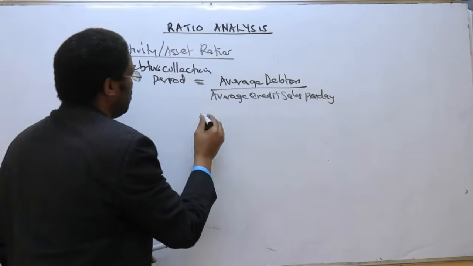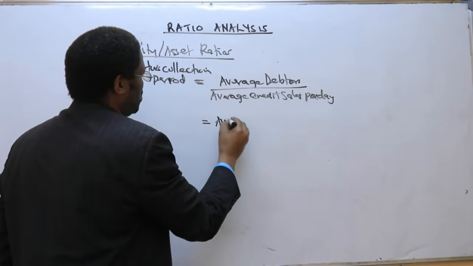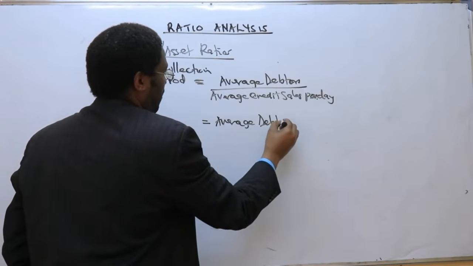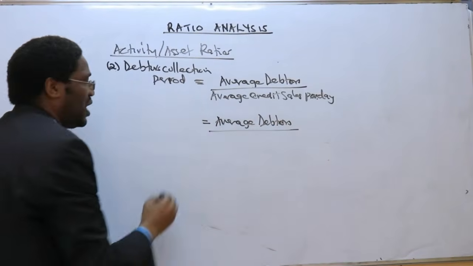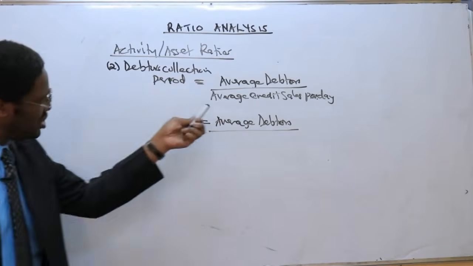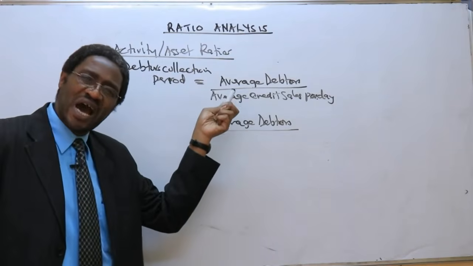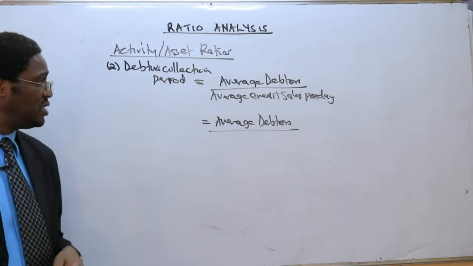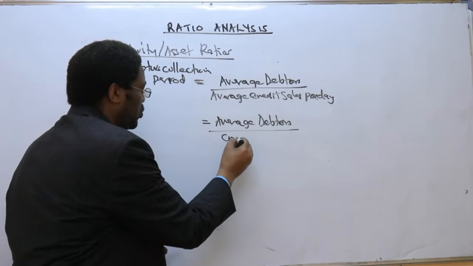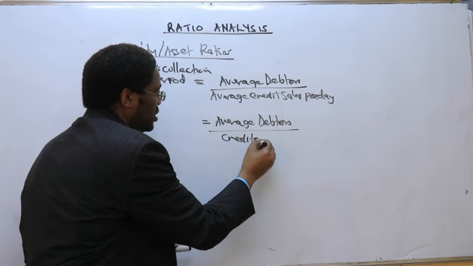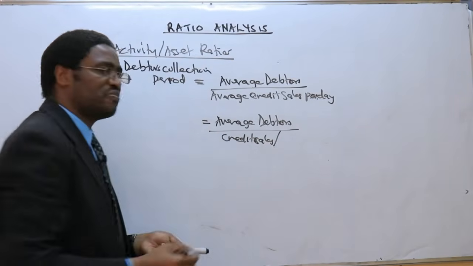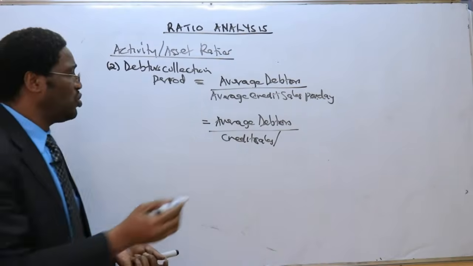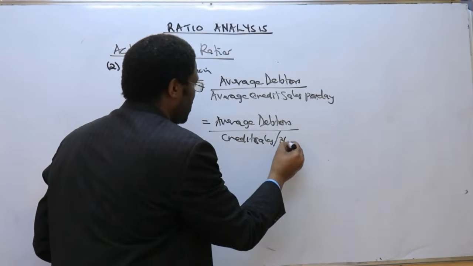Meaning, this formula can be expressed as average debtors divided by the average credit sales per day. To get the average credit sales per day, you can take the credit sales for the year and divide that by the number of days in a year. In most cases, we always assume 365 days in a year.